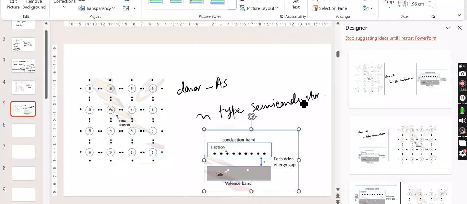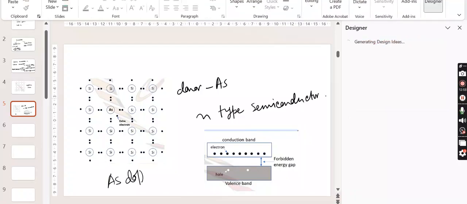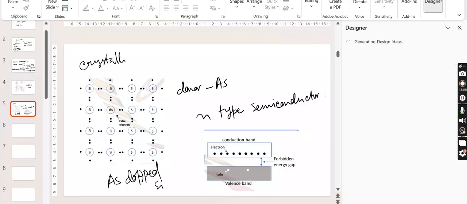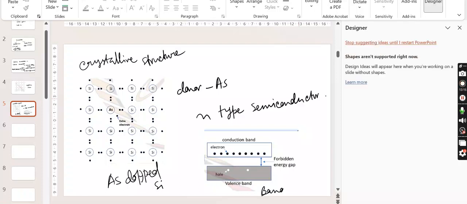So see here, many electrons. This is arsenic doped silicon. This is the lattice structure. This is the band structure.